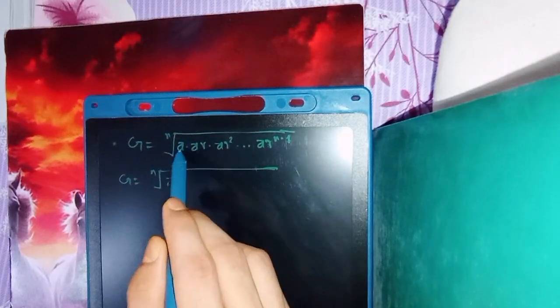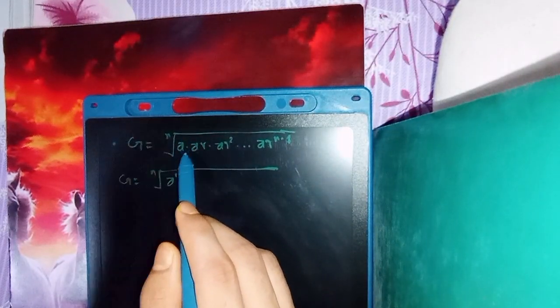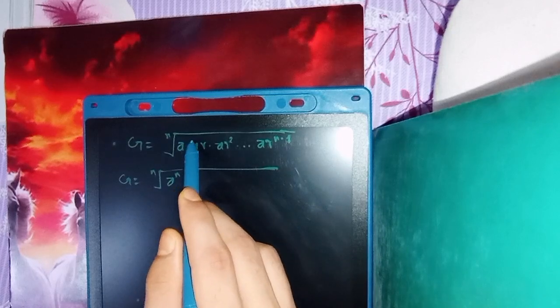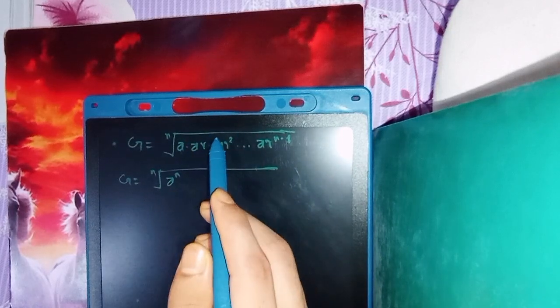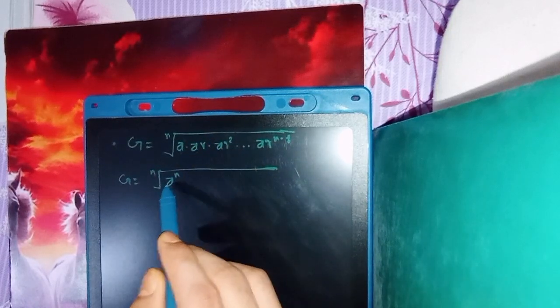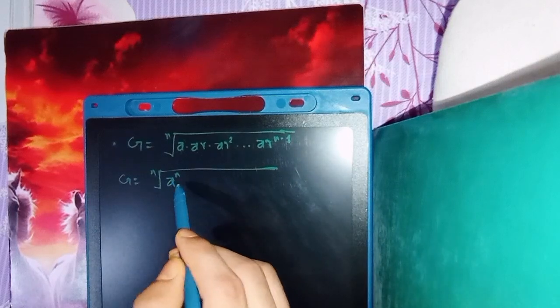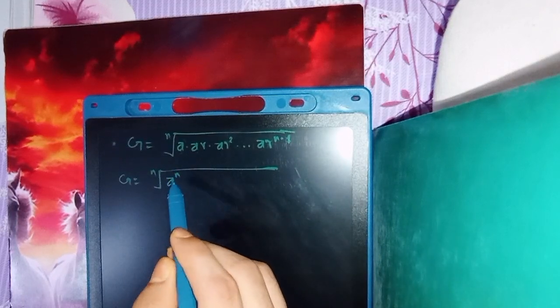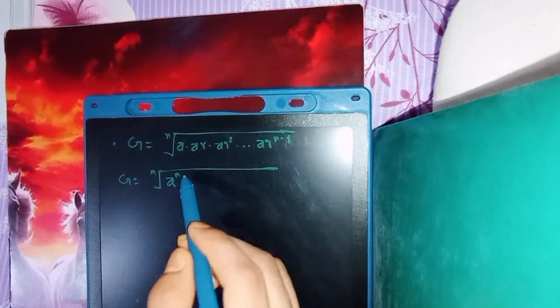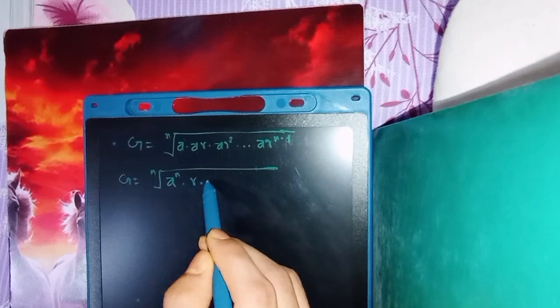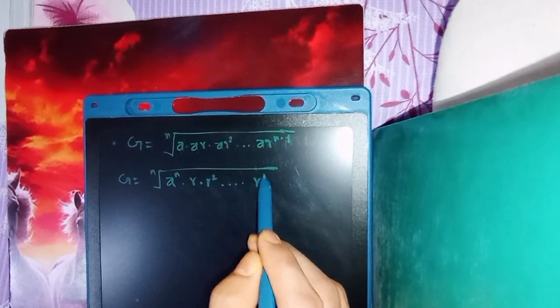Applying the rule of indices, a power 1 plus 1 plus 1 and so on, n ones, so a power n, and the remaining term will be r into r squared going on to r power n minus 1.